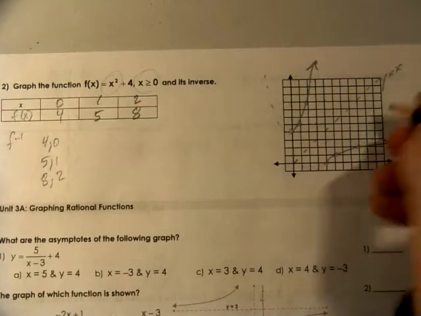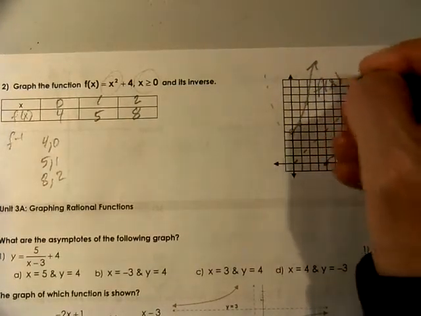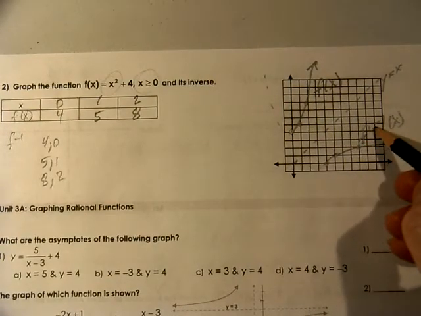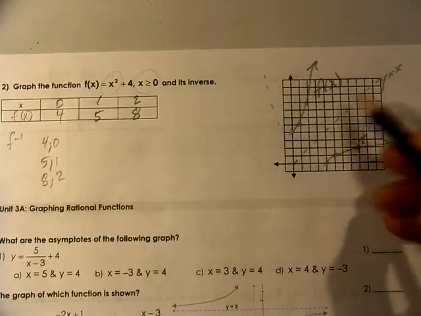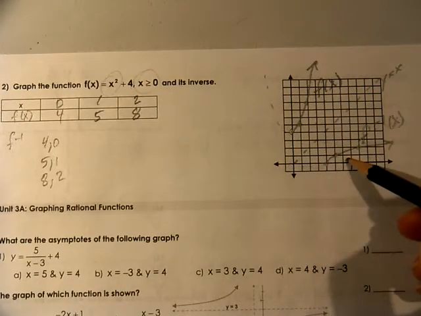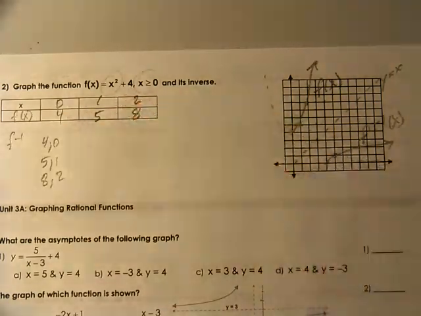That's our inverse. So this is f inverse of x, and this is f of x. We graphed the inverse by looking at the table and switching the x and y.